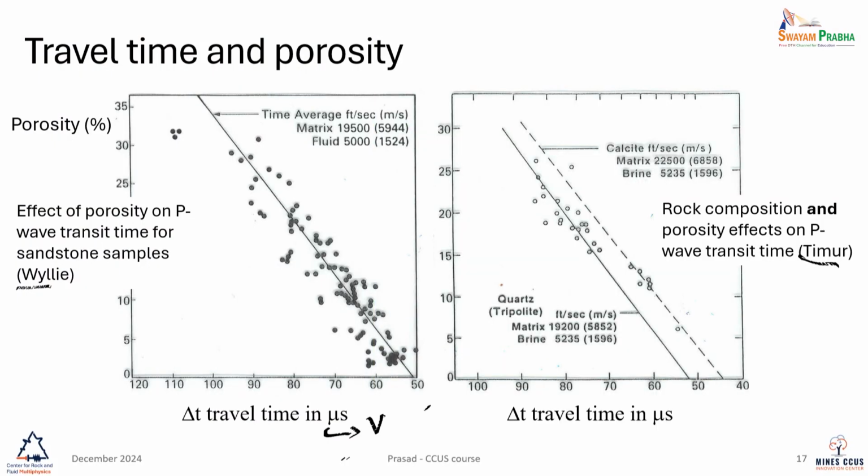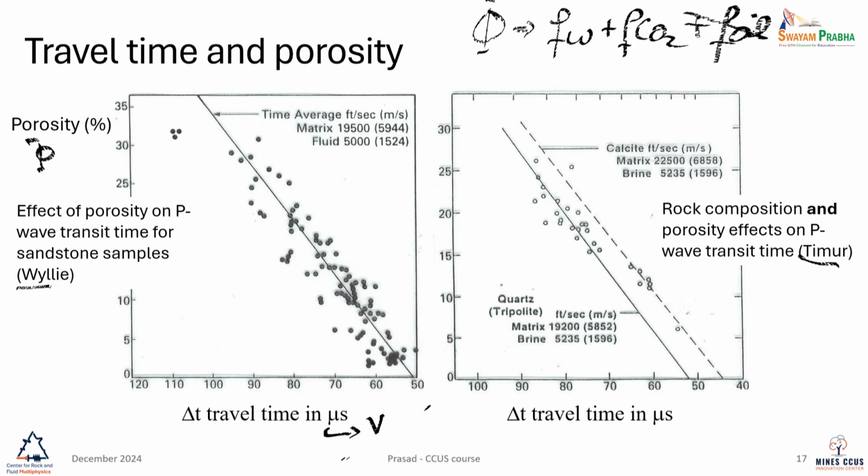So you have travel time. This is my seismic information. So this is velocity, right? Travel time. This is my porosity. But my porosity has a fraction of water plus a fraction of carbon dioxide plus a fraction of, let's say, oil.